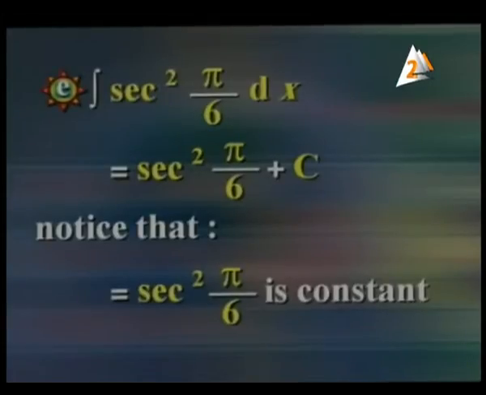A constant dx is the same constant times x plus c. Why? Because pi over 6 is 180 divided by 6 equals 30, and sec squared 30 equals a constant number. The integration of any constant number dx equals the same constant times x plus c.